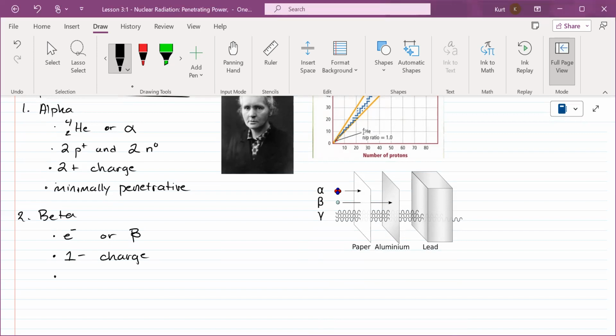And they are moderately penetrative. They can go through paper. They can go through plastic. It really can't go through metal or concrete or thick clothing. Yes, Varun. Not really.